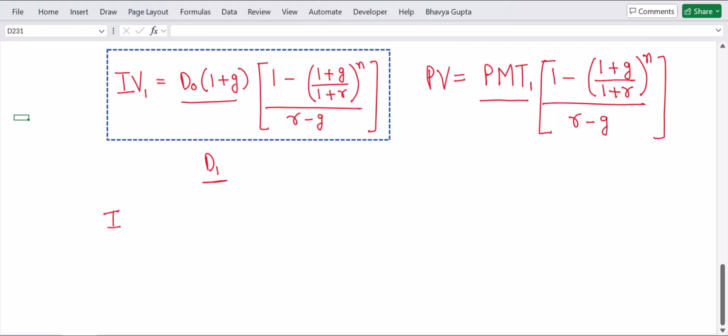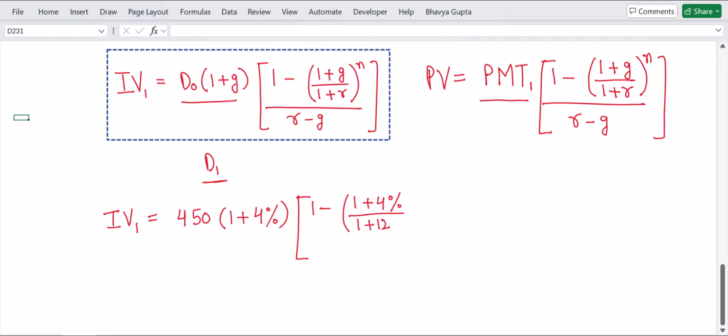So IV1 will be D0 into 1 plus G. D0 is 450 into 1 plus G. So 1 plus 4% whole into 1 minus 1 plus G, that is 1 plus 4%, upon 1 plus R, that is 1 plus 12%, raised to power N, since we are discounting for 4 periods, divided by R minus G, that is 12% minus 4%, right?